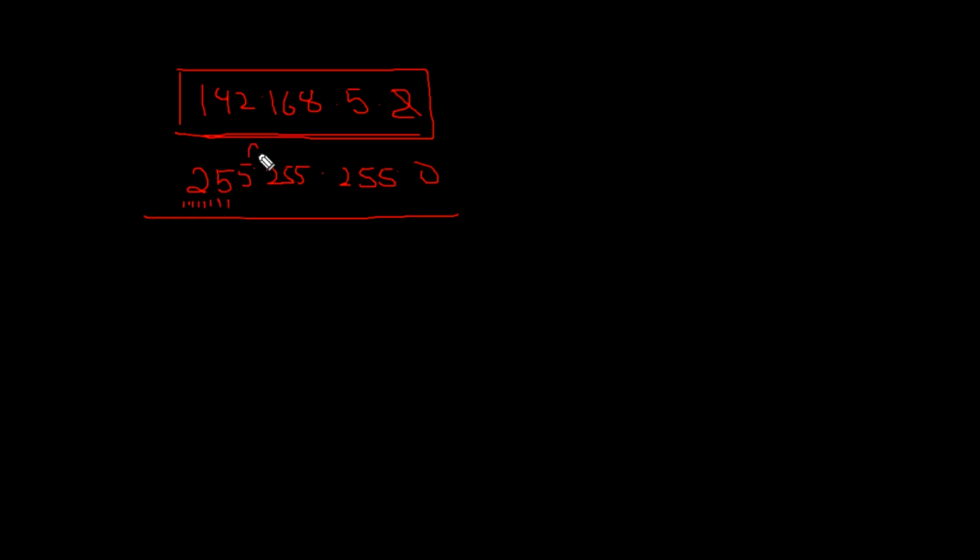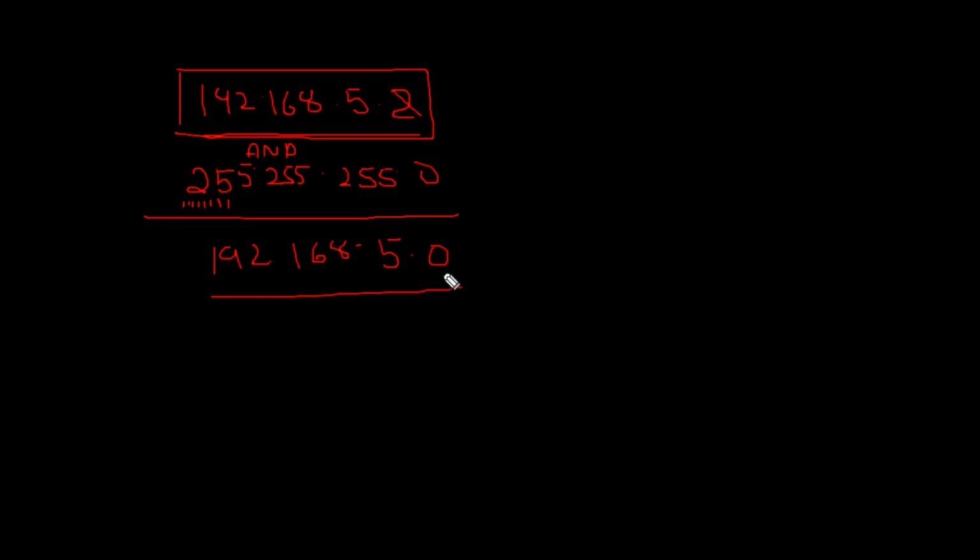Your computer will do a logical AND function. When you do a logical AND with 1, you get the same number, right? Here also you get the same number, and here also. But here you will get 0. So this indicates the network address.